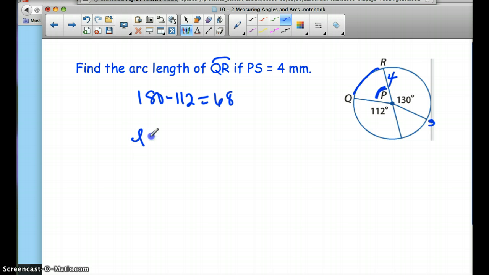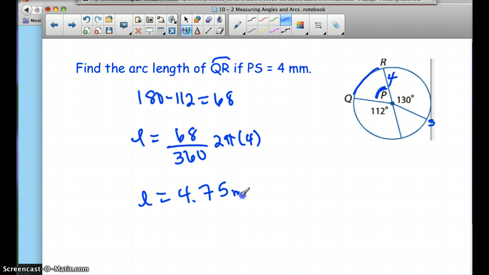So we can go ahead and take L equal to 68 over 360 times 2 pi times 4. When we do that, you should end up with 4.75 millimeters.